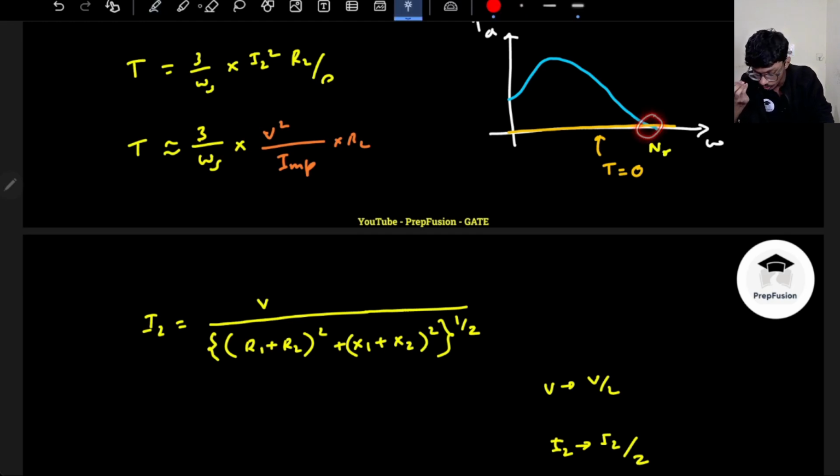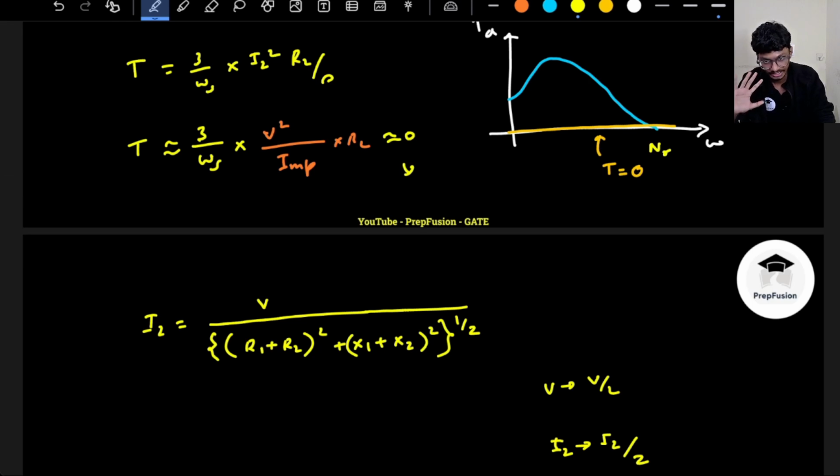I am here. So torque is almost equal to 0. Whatever torque there is, that is only due to the friction and windage, the air drag. So if I am doing 0 by 4, does not matter because torque is already very low.